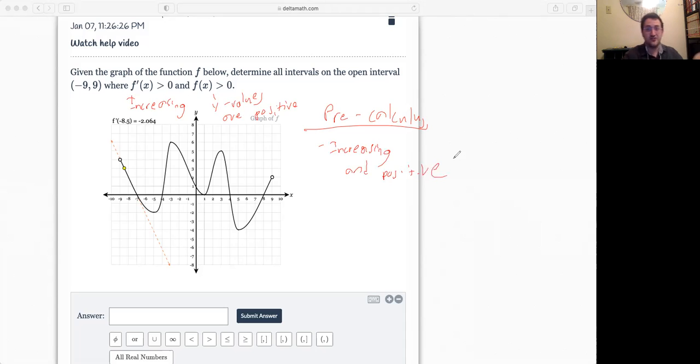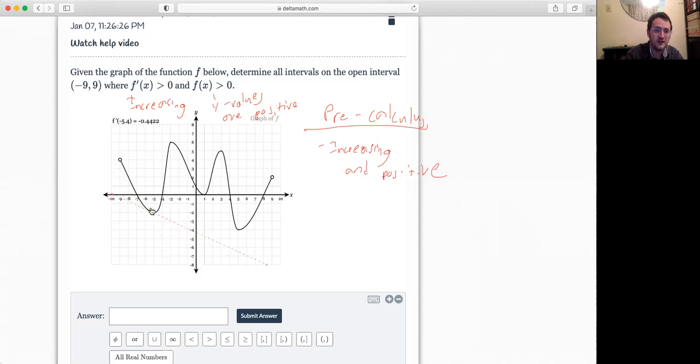When I change it to that, even a student well before calculus could do this type of problem. So let's look at the areas where the graph is increasing. To affirm that we are increasing, you can even use the toggle here and see when the slope becomes positive.